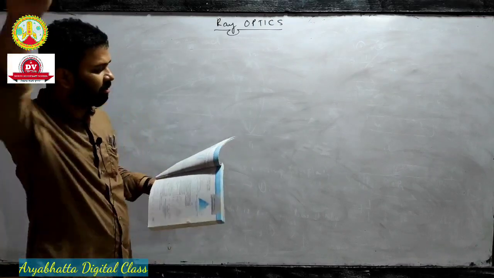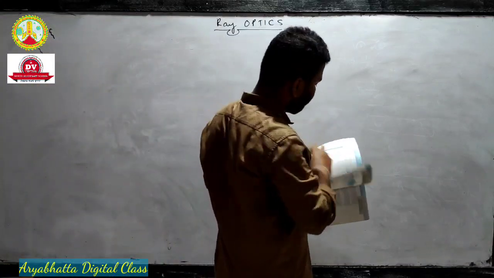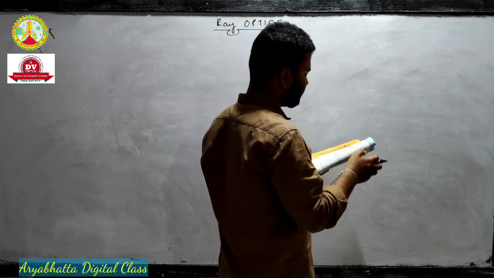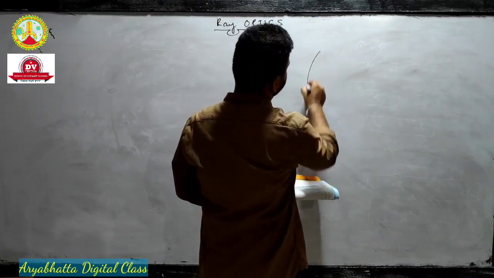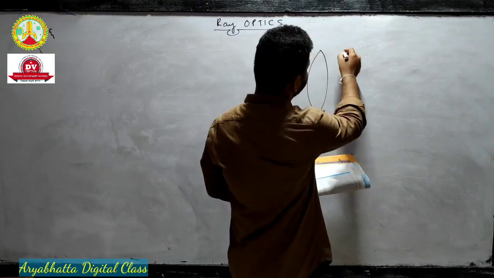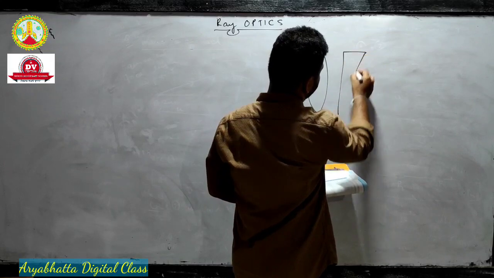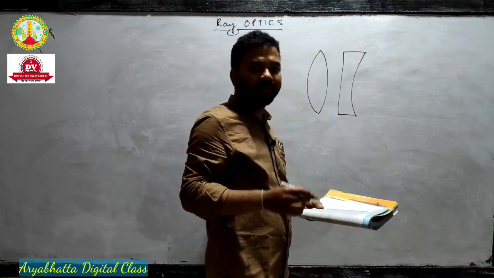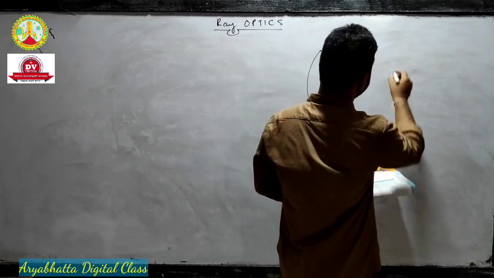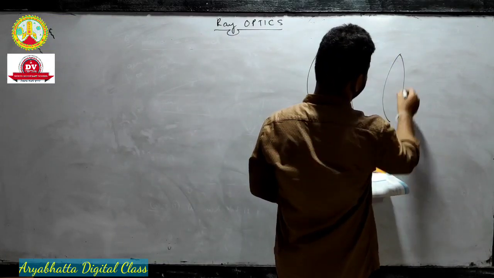So let us draw a figure. So what is the first lens here? This one is a convex lens. The first lens is convex. The second lens is plano-concave. Plano-concave means one surface is plane, another one is concave, and the third one is convex again.